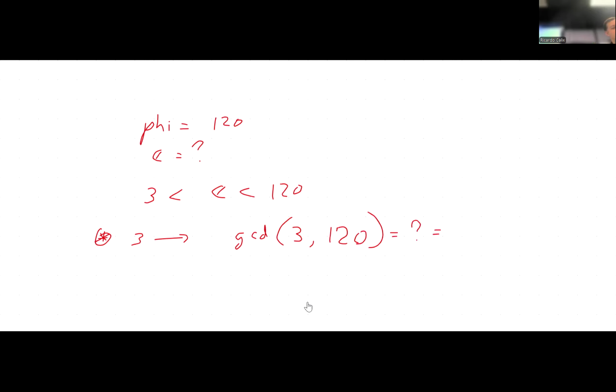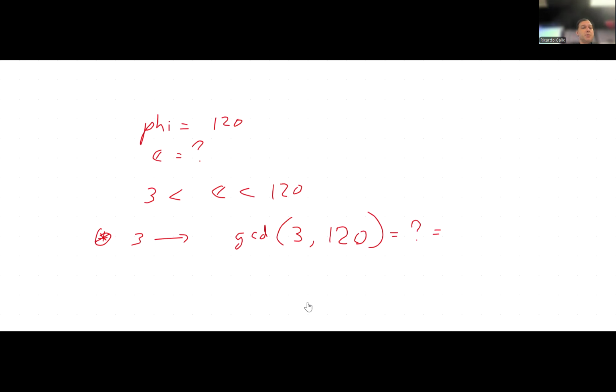What is the greatest common divisor? It's the largest positive integer that divides each of 2 integers. So what's the greatest common divisor between 3 and 120? 3, because 120 divided by 3 is 40. Okay, so 3? Yep. Okay, thank you, sir.